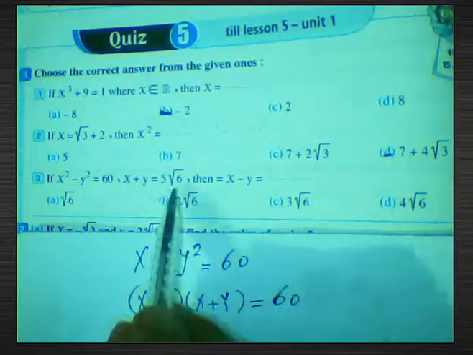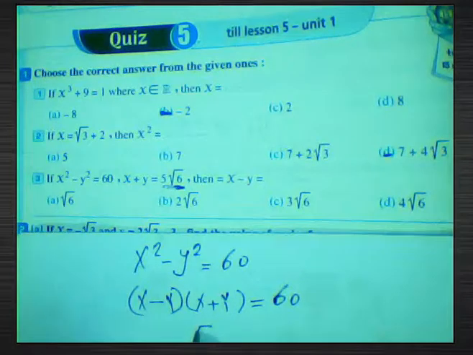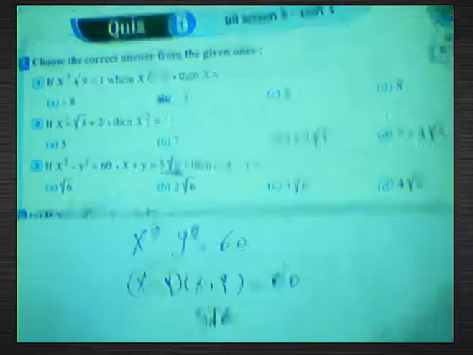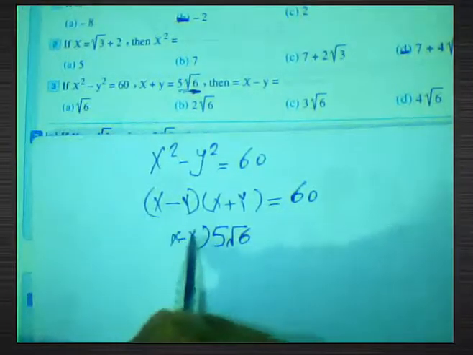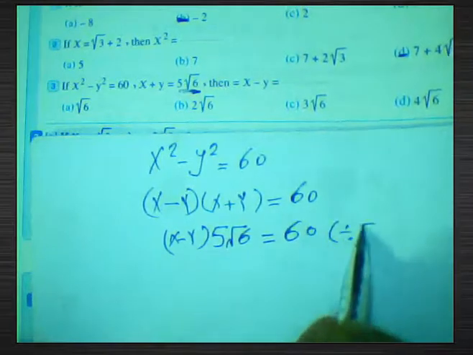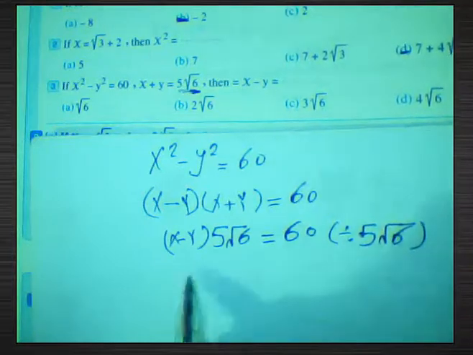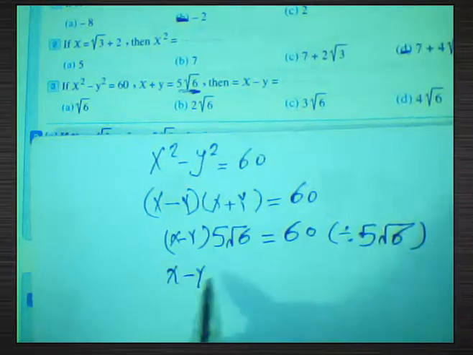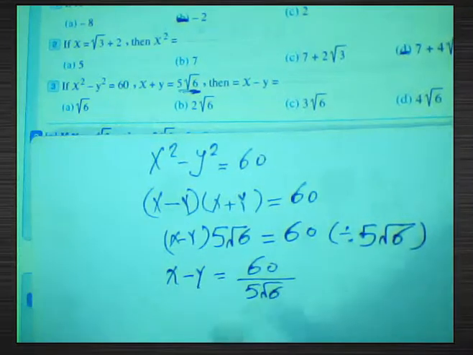He gives us x plus y equal 5 root of 6, and he wants to find x subtract y. We can find the result by dividing by 5 root of 6. So x subtract y equals 60 over 5 square root of 6.